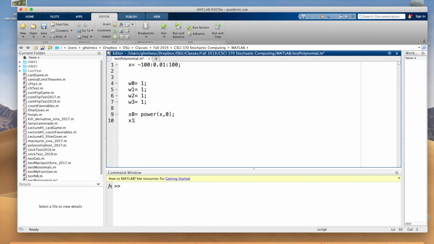And then likewise, I'm going to do the same thing with the first power, and then x squared, so that's raised to the second power, power x 2, and then likewise, x3 power x 3. And let's, for good measure, go up to the 4th monomial, x4 power x, all my x values raised to the 4th power. Okay, so I'm going to use a coefficient W4 equals 1.